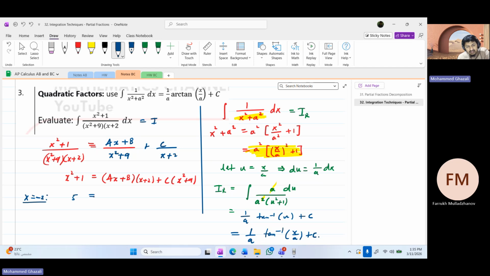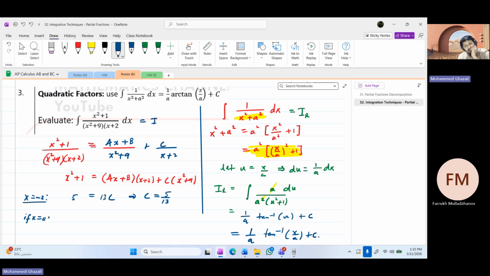So I'm getting 5 on this side by substitution. If x is equal to -2, we said a and b fall out, right? So (-2) squared plus 9 is 13c. This implies c is equal to 5 out of 13.